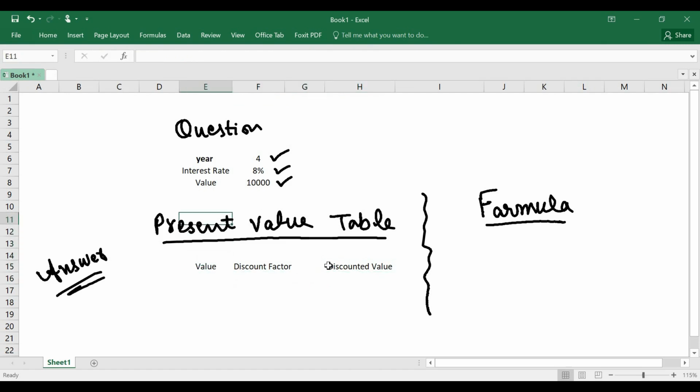We know that our value is 10,000. We will simply copy it. Now we have to look for the discount factor in our present value table. Please remember, our discount rate is 8% and we want to look for year number 4.